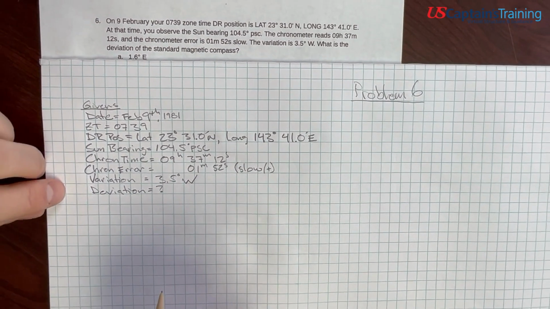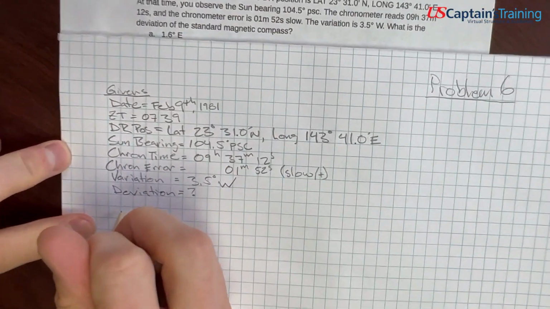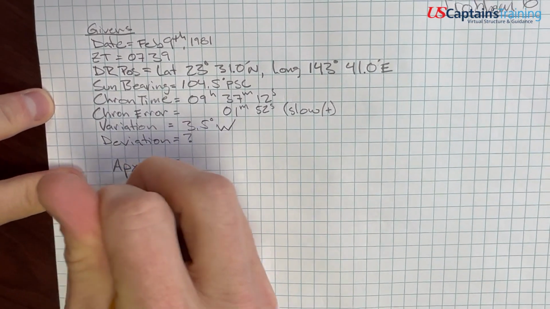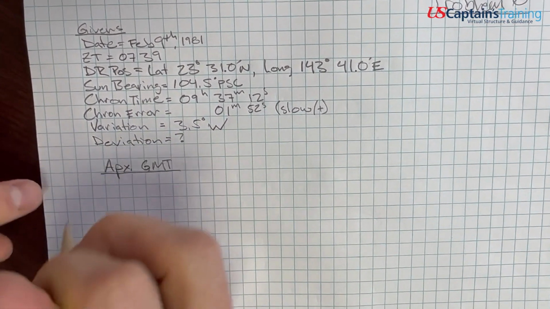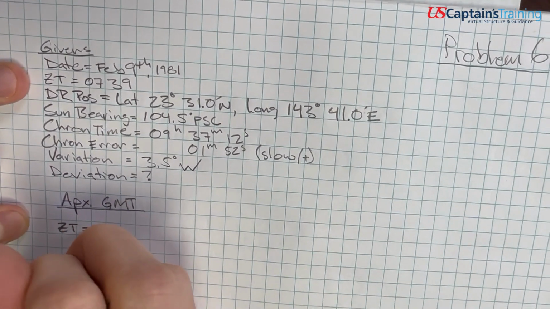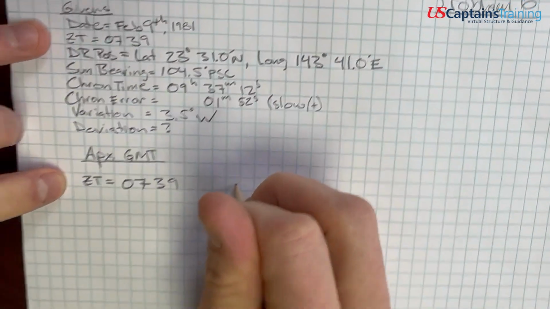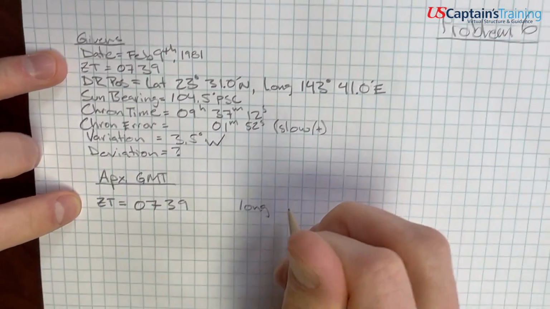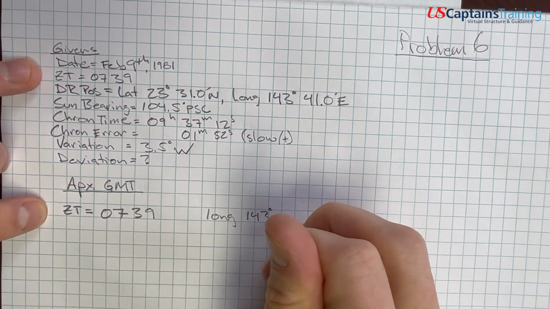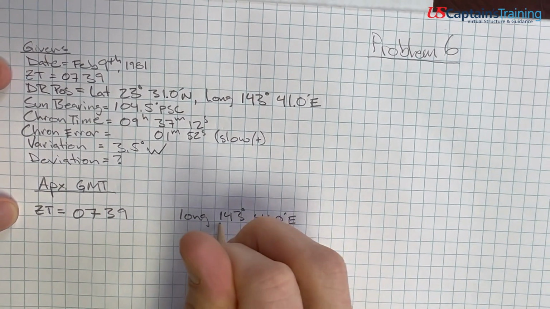So our first step is to get the approximate GMT, or Greenwich Mean Time. So we take the zone time, which is equal to 7:39, and then we take the longitude, which is 143 degrees, 41.0 minutes east.